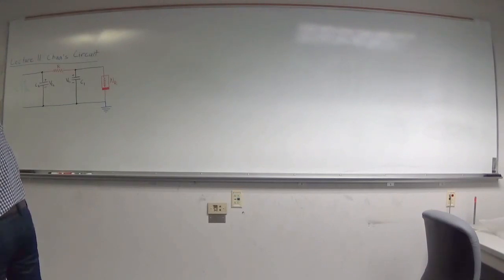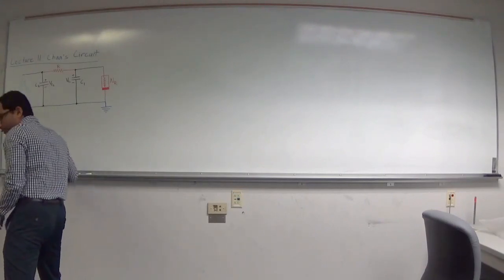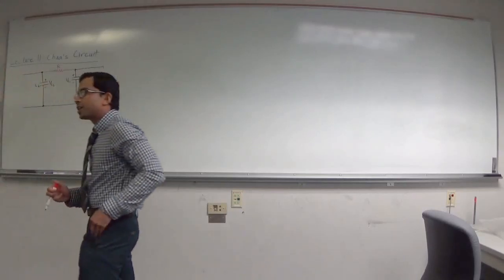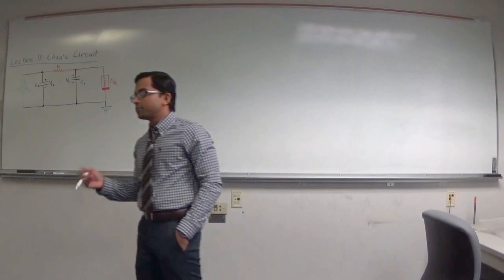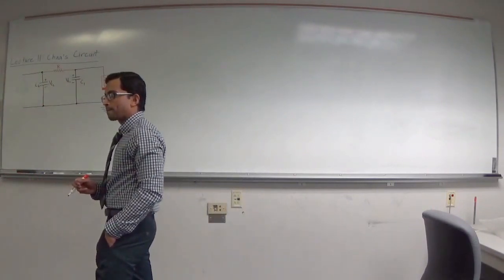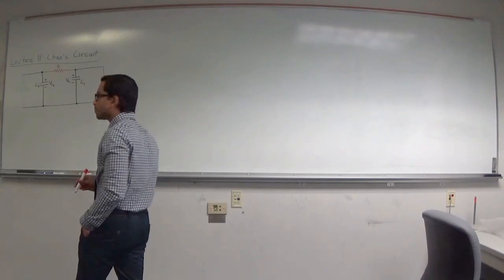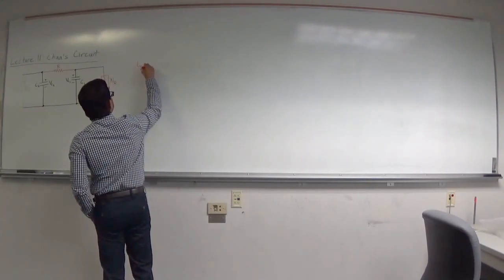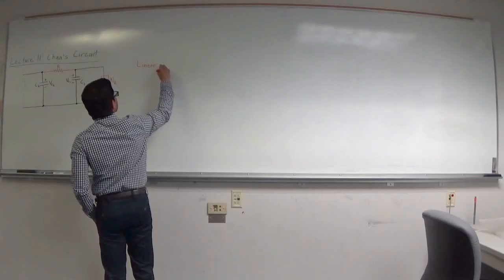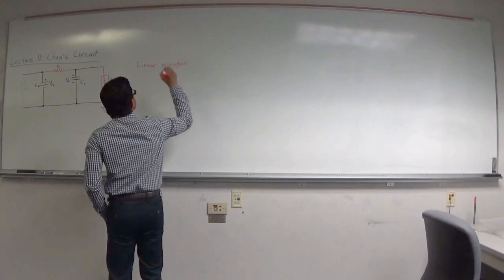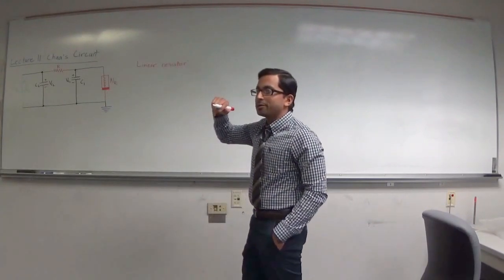So let me ask you this. For a linear resistor, what is the current in relation to the voltage? It should absorb something, right? How do we write that equation?